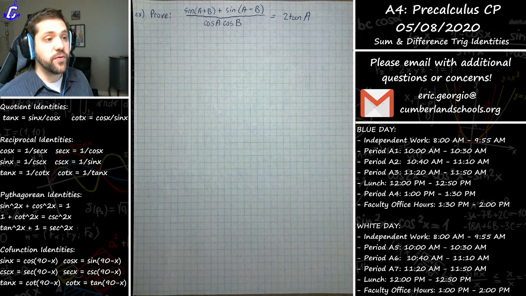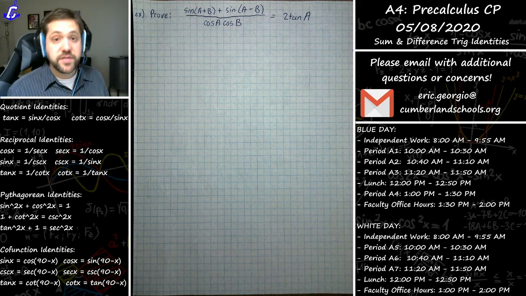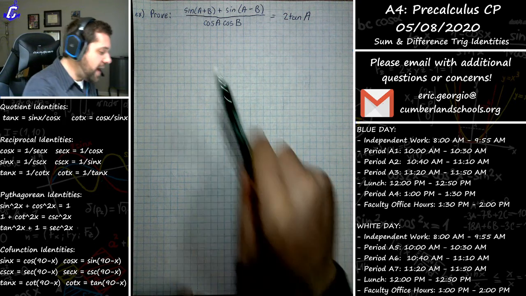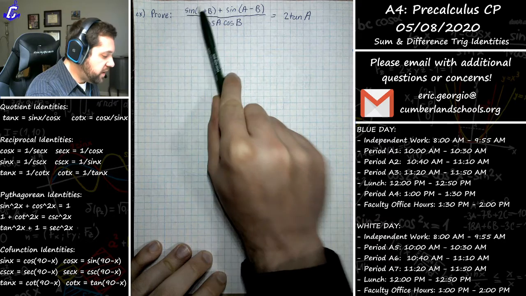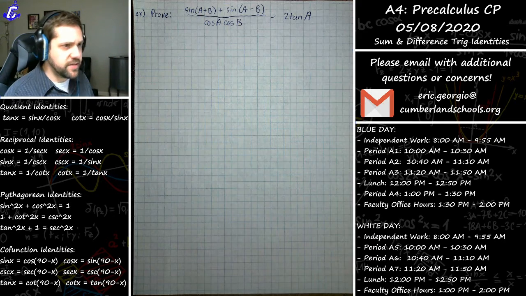You have to prove that that's true. Now that may look at first glance like a pretty intimidating thing, but it's not as scary as it seems. It's just a matter of applying our sum formula here, applying our difference formula here, and then we can just go from there like we did in the previous problem.